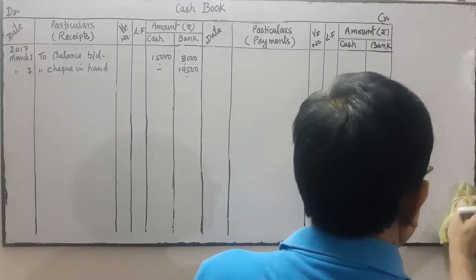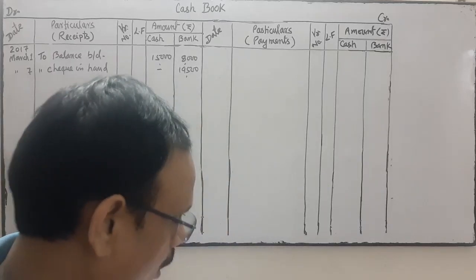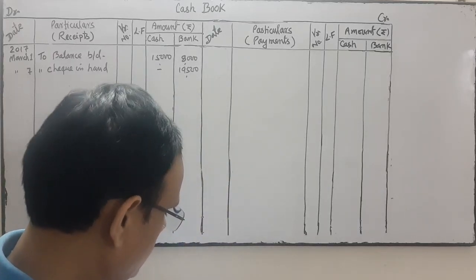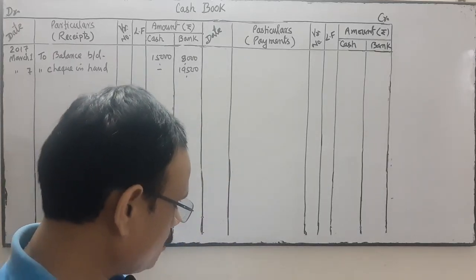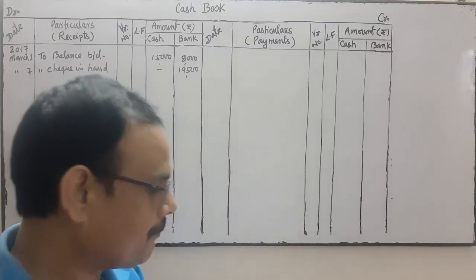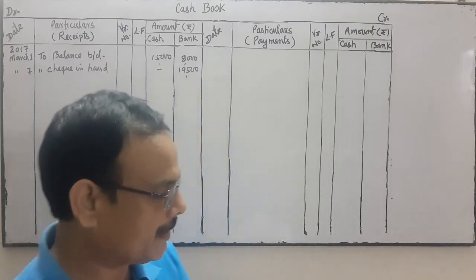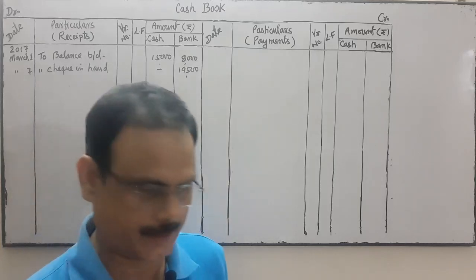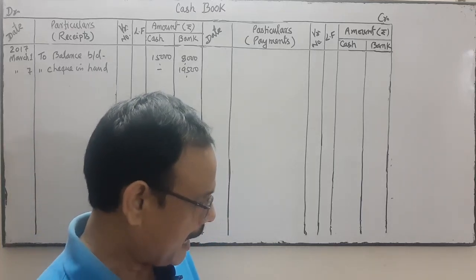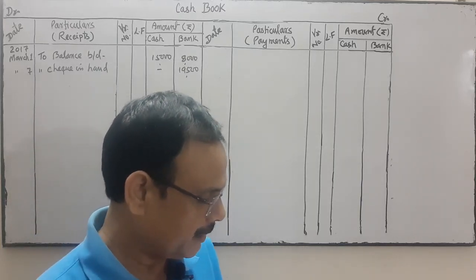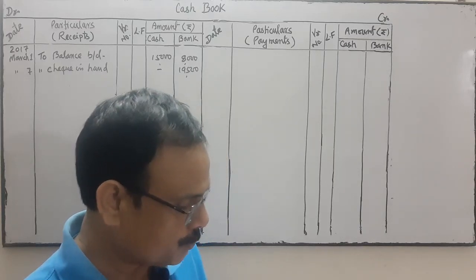The next transaction is on March 10: purchased goods from Suresh on terms of 5% cash discount if the payment is made within 3 days, rupees 20,000. And on March 12, payment made to Suresh.